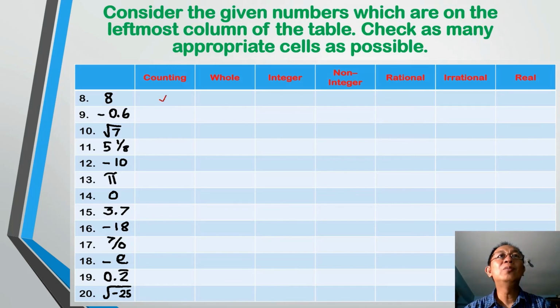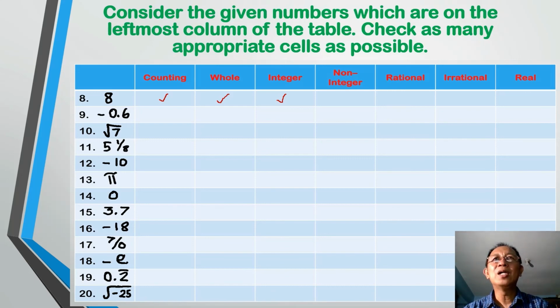Pag ang answer mo ay no, leave it blank. Is 8 a whole number? Yes, it is a whole number. Is 8 an integer? Yes, wala siyang kasamang fraction, wala siyang kasamang kadikit na decimals. Yes. Is 8 a non-integer? No, so leave it blank.